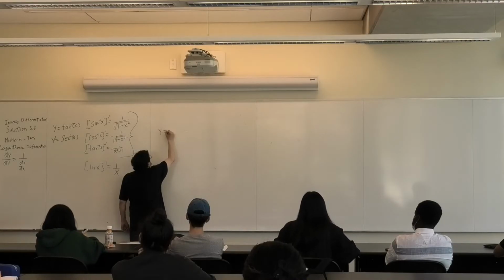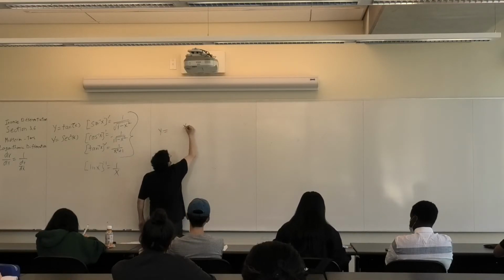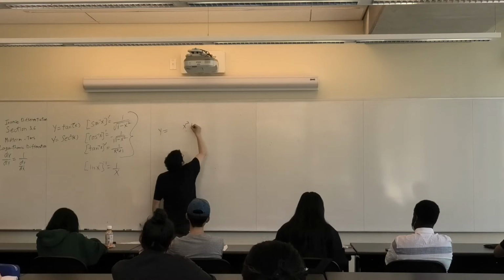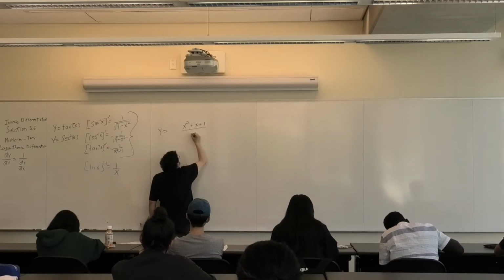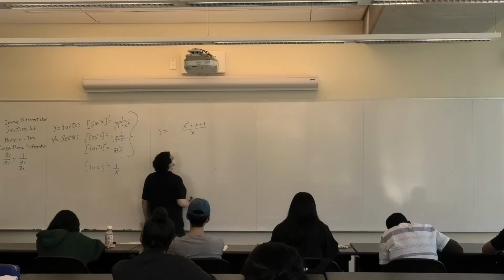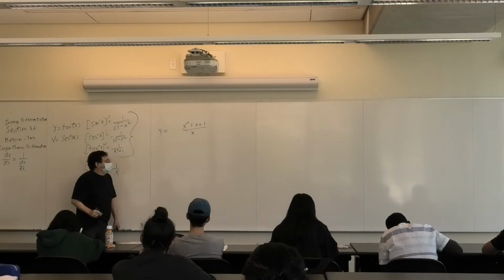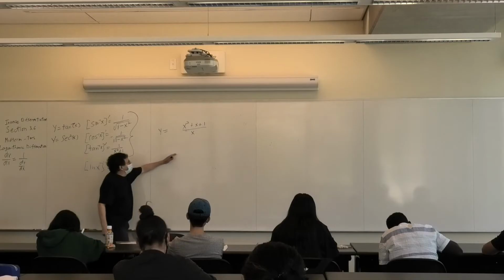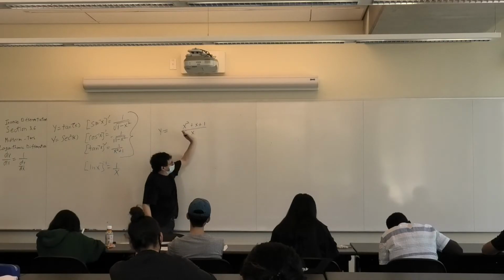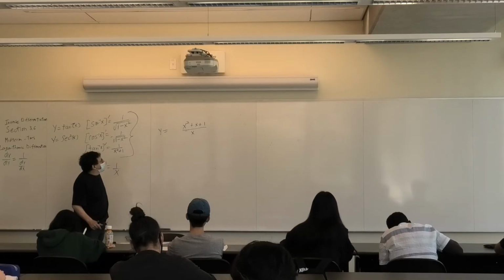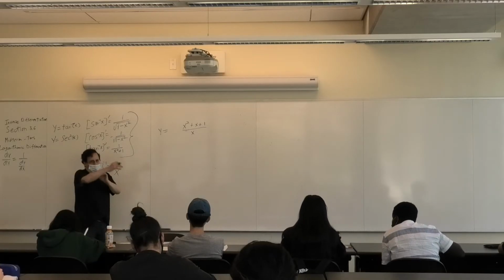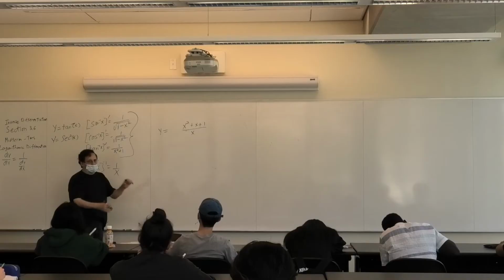Y is equal to, say, x squared plus x plus 1 over x. So it'd be much easier to just divide through by x and find the derivative of the sum. Instead, we're going to go around the long way and see how this works.